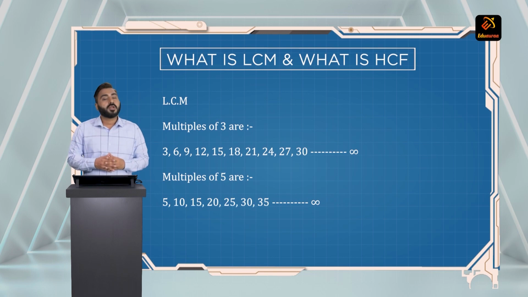So let's say the multiples of 5 are 5 itself, 10, 15, 20, 25, 30, 35 up to infinity. So students, the LCM of 3 and 5 is nothing but 15. So this is how we find HCF and LCM.